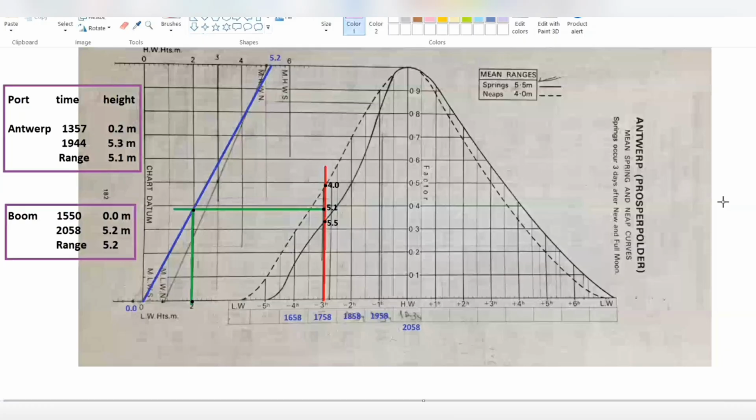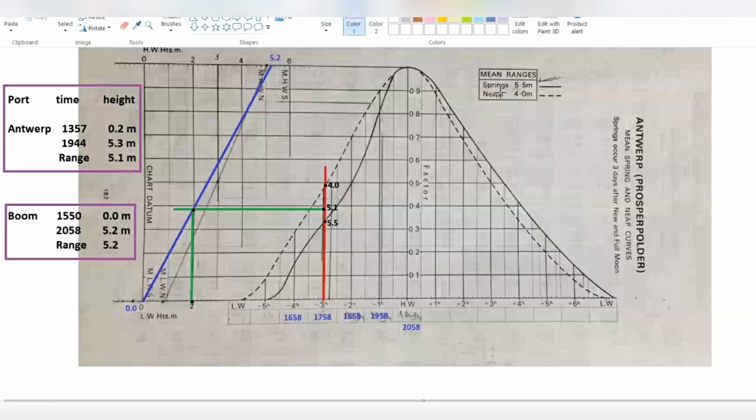So, but why are we taking range 5.1? Yeah, correct. See, the problem is we are using this curve which belongs to the standard port. So spring range is made for the standard port, 5.5. Neap range is made for the standard port, 4.0. So you're using these two curves which are using range for the standard port.